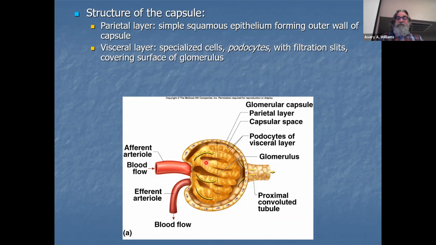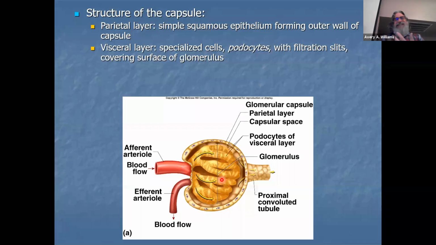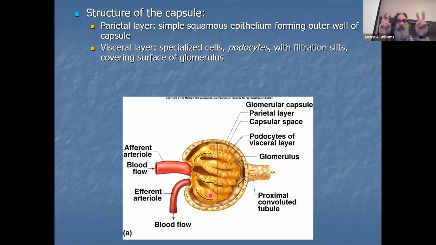But you have these filtration slits, and coming through those slits, you say, oh, that's urine. No, it's not urine yet. At this point, see these yellow arrows? That's showing you the direction of the filtrate. So this material that's produced in the Bowman's capsule or the glomerular capsule is filtrate.